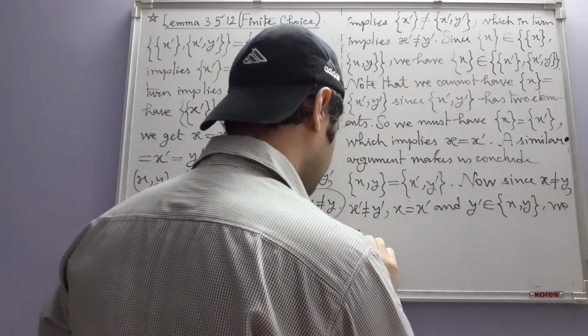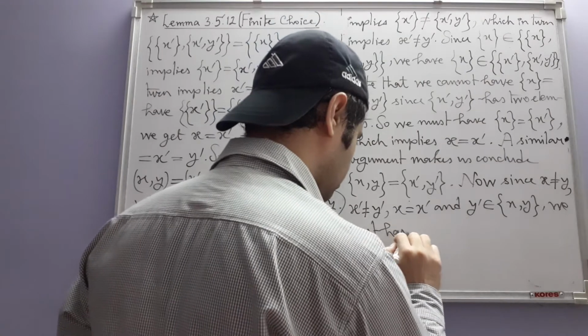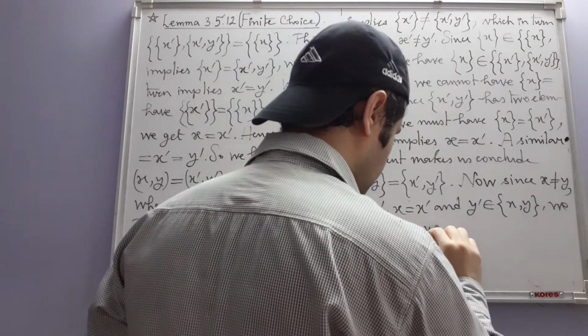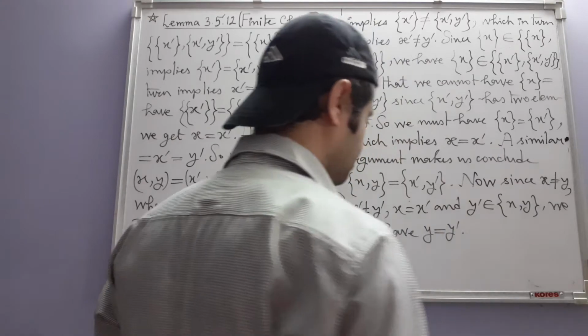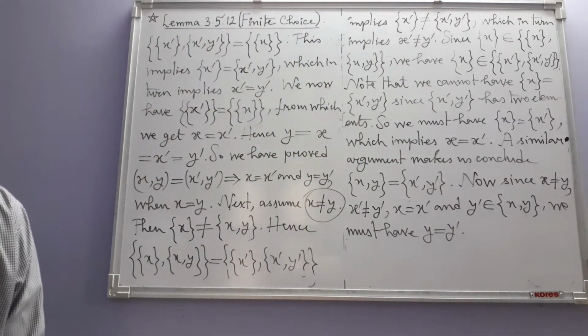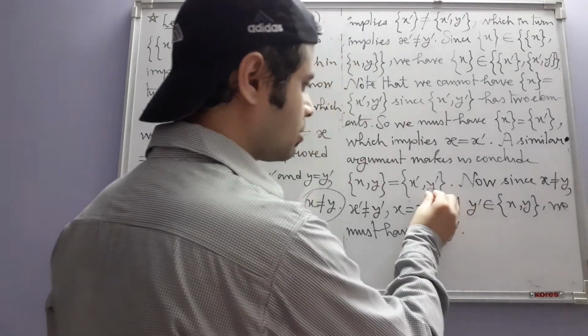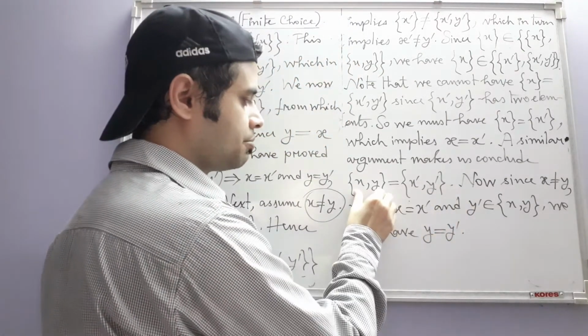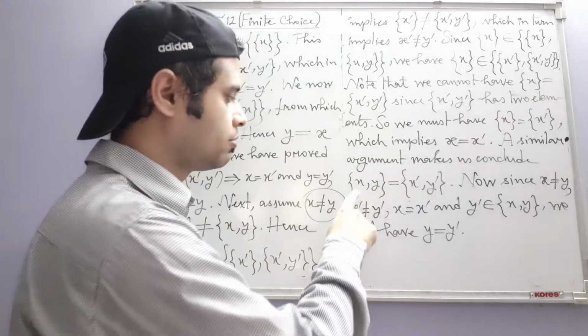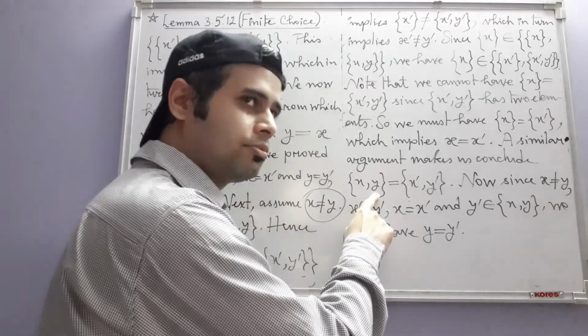We must have y is equal to y prime. You see what we have done here, y prime belongs to this set, so y prime must be here. So either y prime is equal to x or y prime is equal to y.